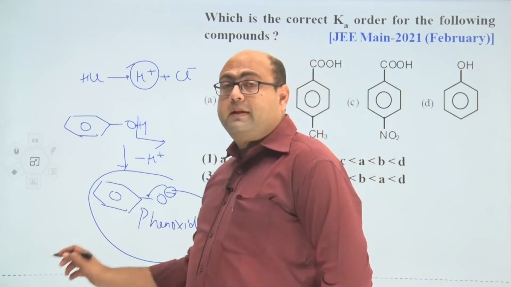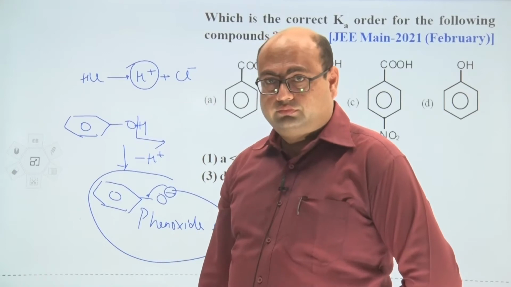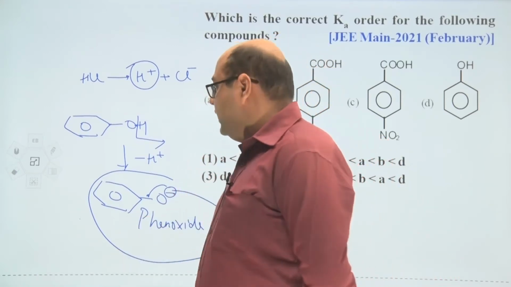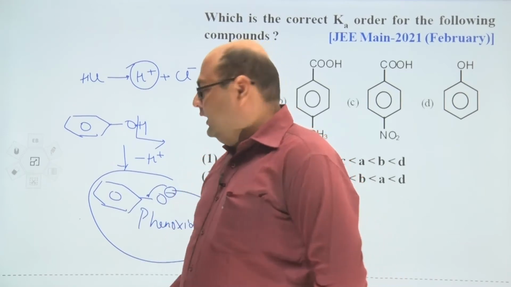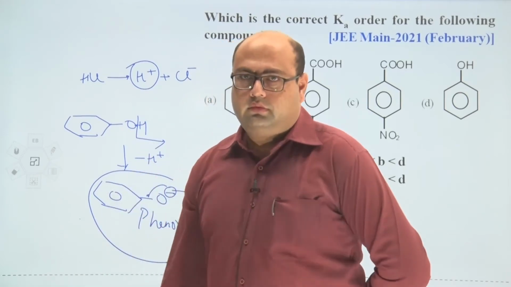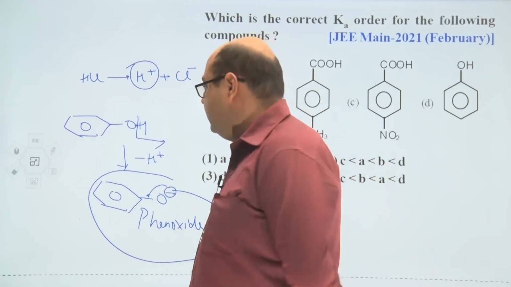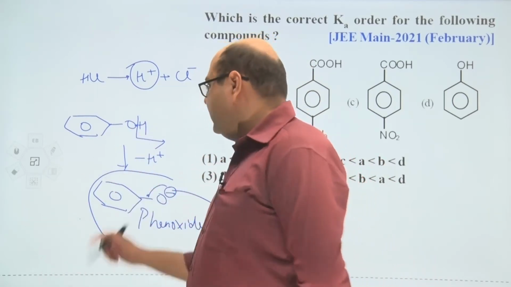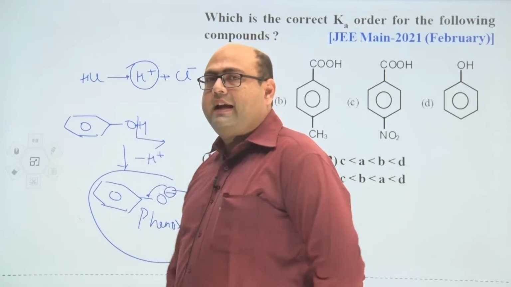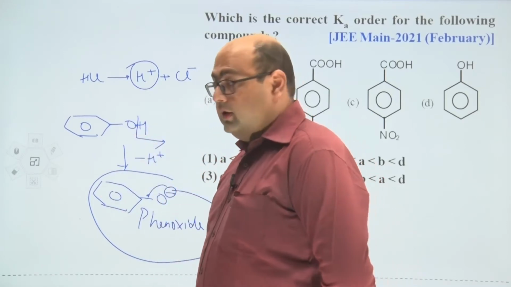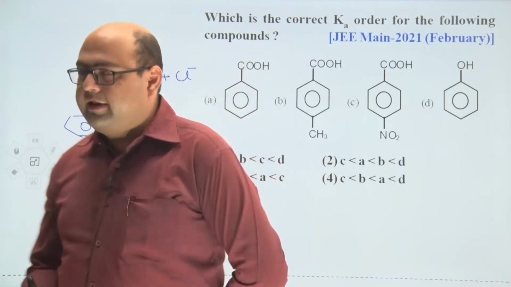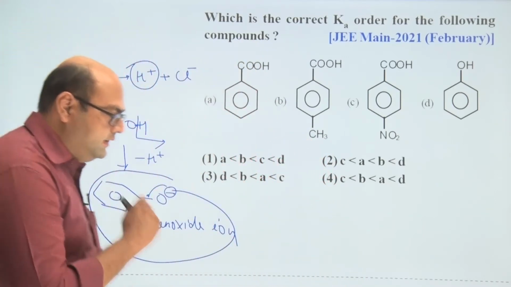Due to this, there will be stabilization in this ring, due to which this ion will be stable. And if this ion is stable, it will be formed more as well as readily by this phenol. And for this ion to be formed easily, the phenol has to lose H plus ions easily. Thus, if the ion is stable, then the acid is good. This is the concept which we will see in this question.